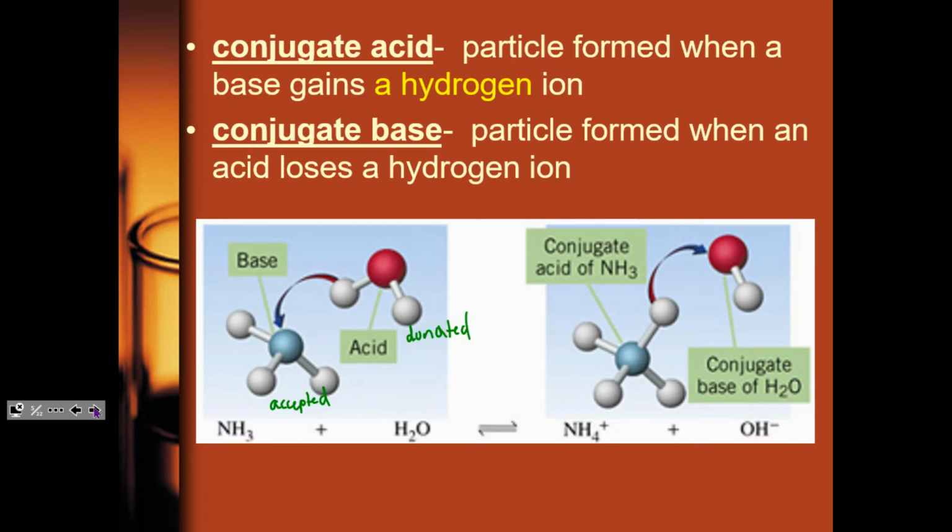So on the other side of the equation, we had ammonium NH4 plus and hydroxide OH minus. So we can actually label these as a conjugate acid and a conjugate base. So ammonium NH4 plus is the conjugate acid because it was the one that gained the H plus. And the conjugate base, hydroxide, is the one that got rid of or donated the H plus, if we were going backwards.